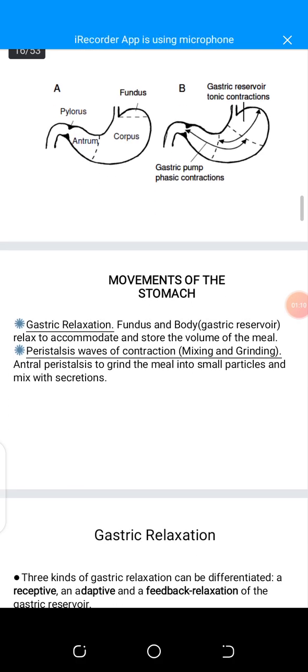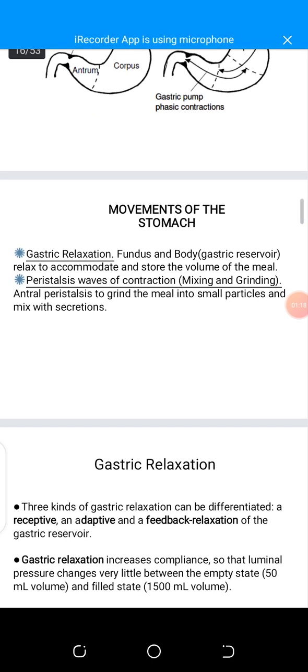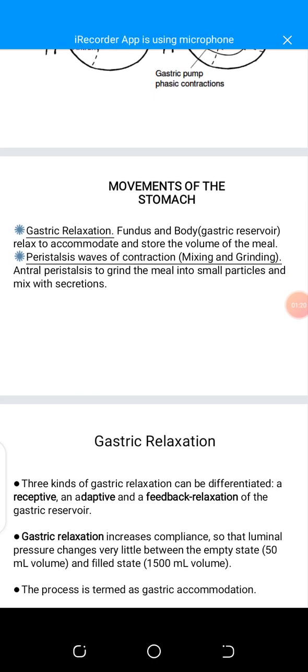Two categories of motility patterns are found within the stomach. They are: 1, gastric relaxation; 2, peristaltic waves of contraction. The gastric relaxation is a motility pattern that is found within the region of the gastric reservoir, that's within the region of the fundus and the body.